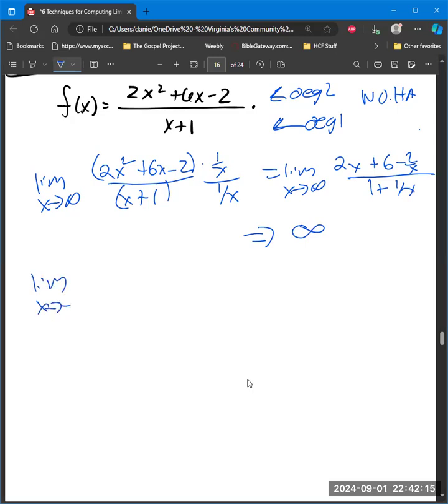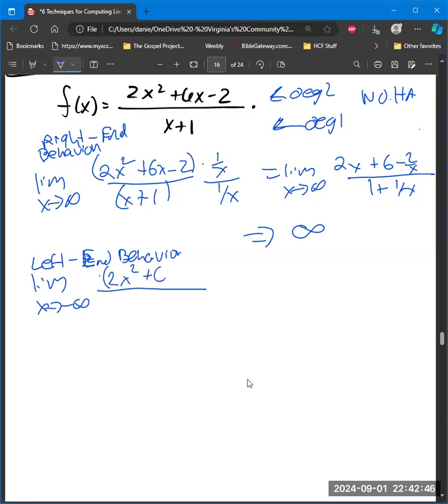Limit as x goes to negative infinity. This would be my left end behavior. This would be my right end behavior. Again, 2x squared plus 6x minus 2 over x plus 1.